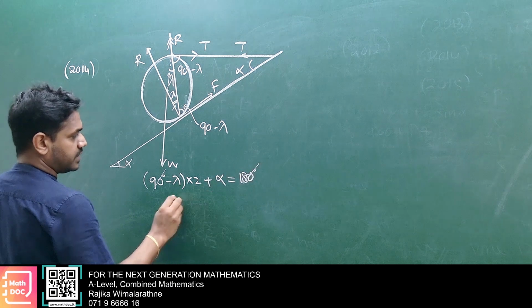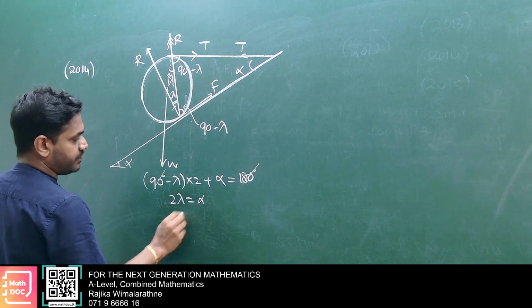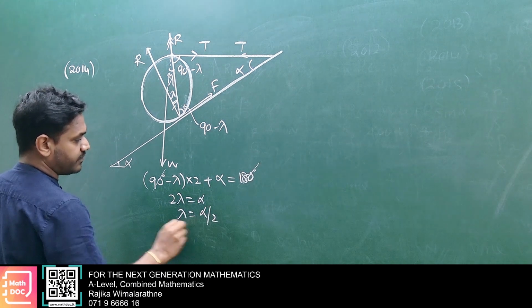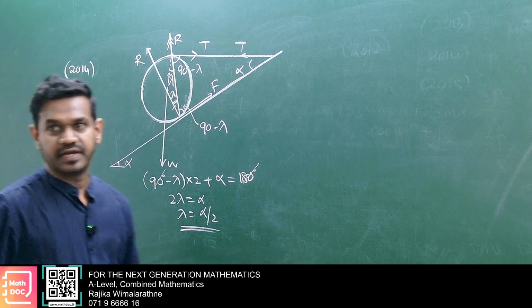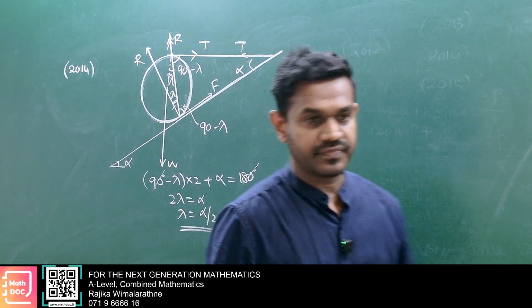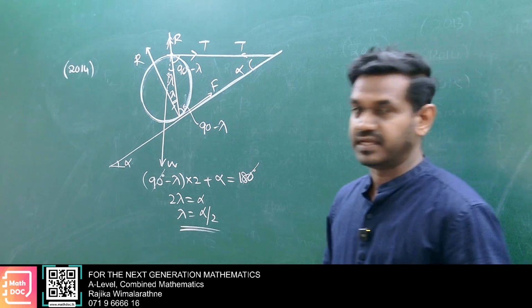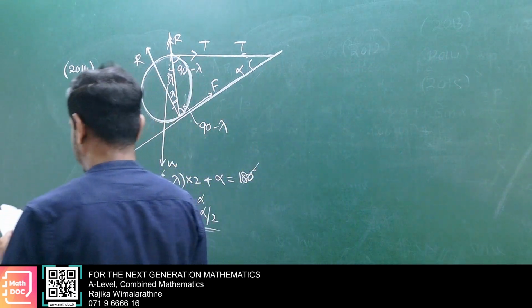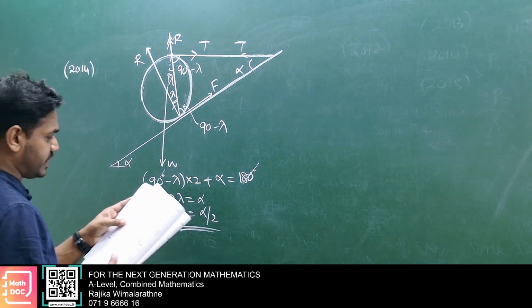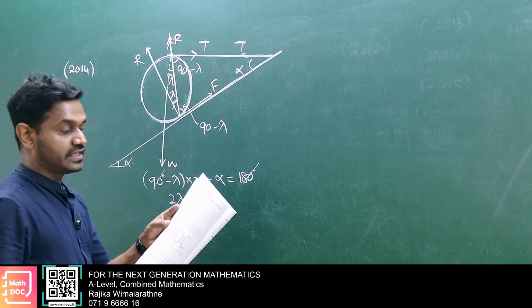Then 2 lambda equals alpha, lambda equals alpha divided by 2. Then by geometry you can obtain it. Now further we have to show the angle of friction, thereafter we need to find the tension in the string.